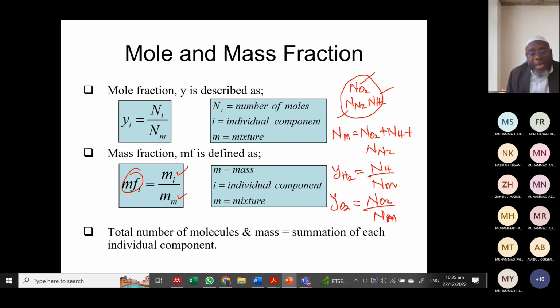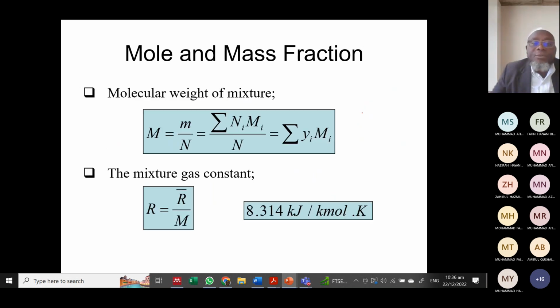Now in a combustion reaction, the total moles and mass equal the sum of the individual components. To find the total number of moles of oxygen, hydrogen, and nitrogen, just sum them. Similarly, the total mass is the sum of the mass of oxygen, plus the mass of hydrogen, plus the mass of nitrogen.